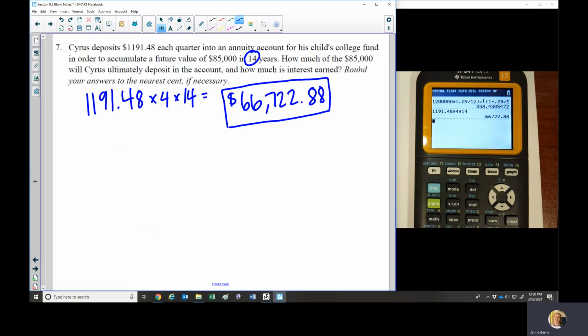There was $85,000 in it at the end of his investment period. So subtract off the amount that he invested, which was that $66,000. So $85,000 minus $66,722.88. So this is how much interest he earned.